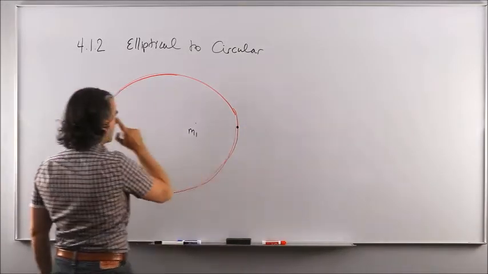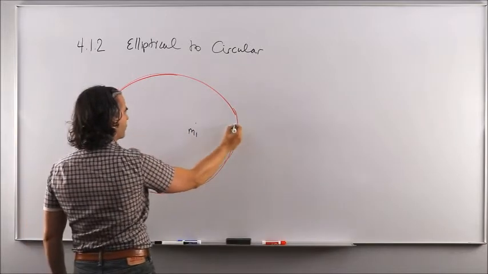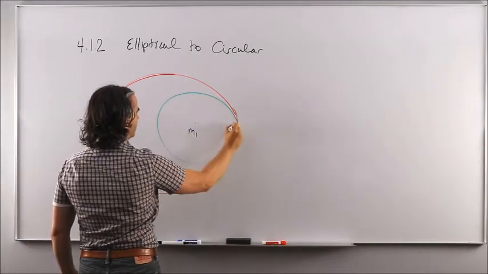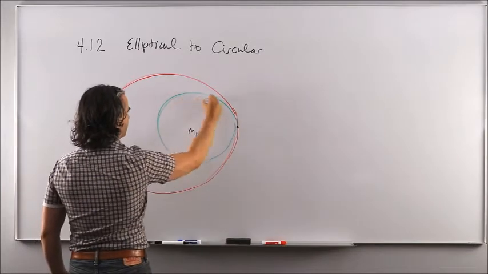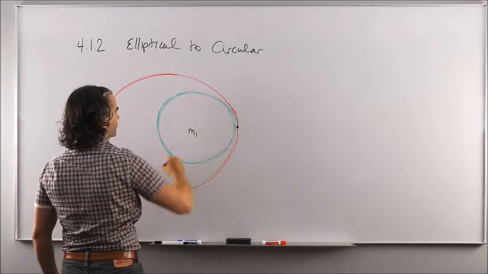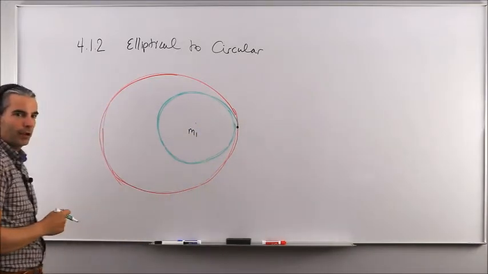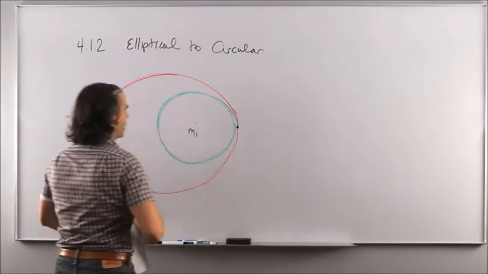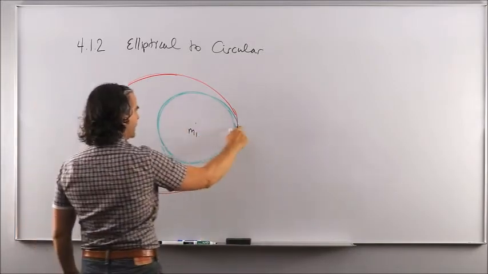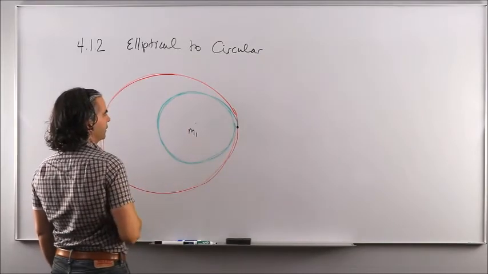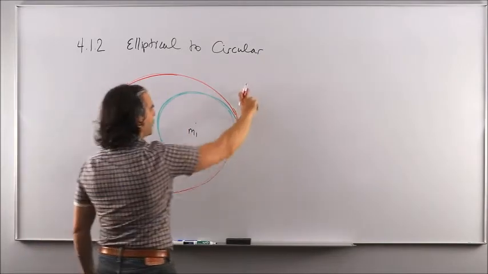And then I'm going to kick myself into a lower circular orbit, like this. So just pretend that that is a circle. Not too bad on the screen. So I was traveling with V1 at this point here, which is the perigee of the original ellipse. So is V1 larger than V2?